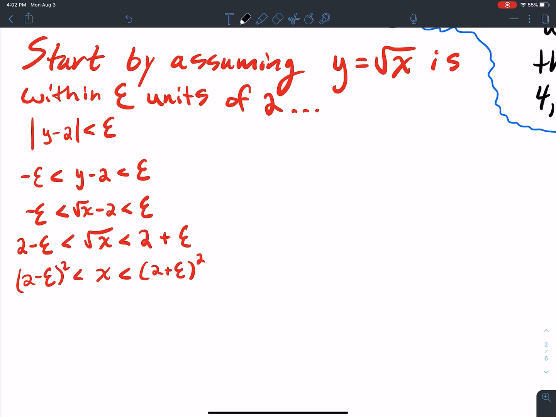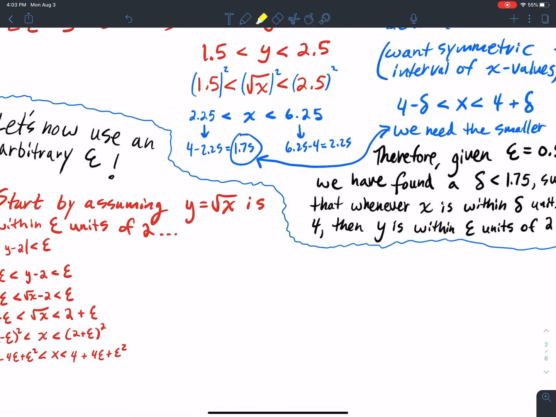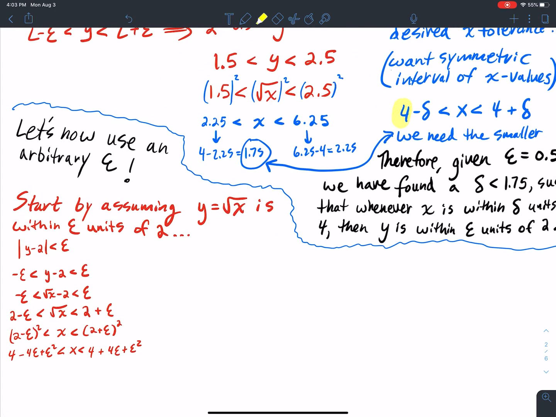And what do you get? You get 4 minus 4 epsilon plus epsilon squared, and then 4 plus 4 epsilon plus epsilon squared. Now, what you have to remember is this. We're looking for something that's set up so that I have 4 minus something, and then 4 plus something.